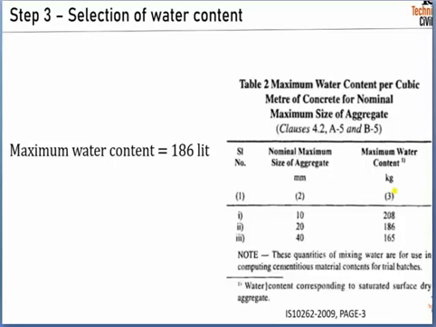So using this table, we will select the water content. As per our question, we have the 20 mm nominal size aggregate, so the maximum water content is 186 liters. So we can take the water content as 186 liters.